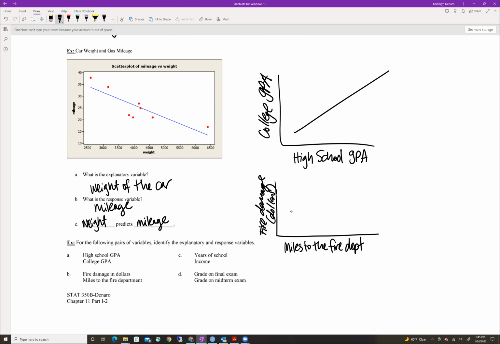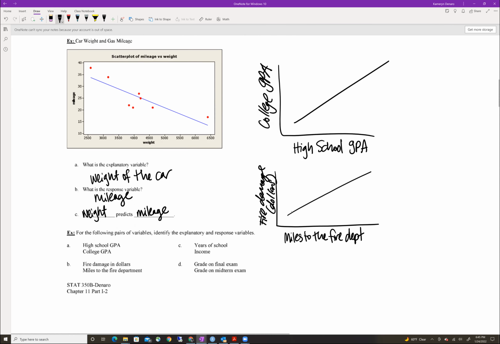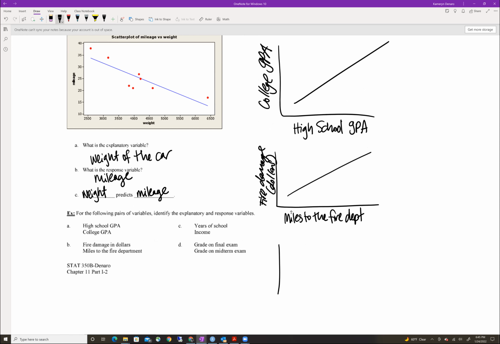And in general, if you live further away from the fire department, most likely your fire damage is going to increase. All right. Years of school and income. Hopefully we see as years of school increases, income increases.